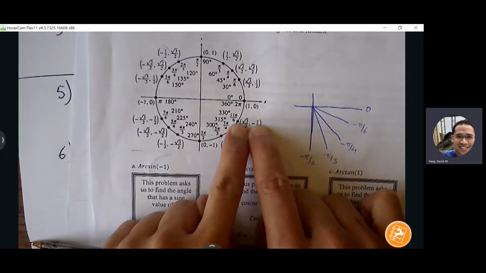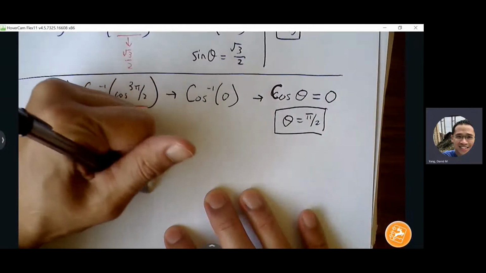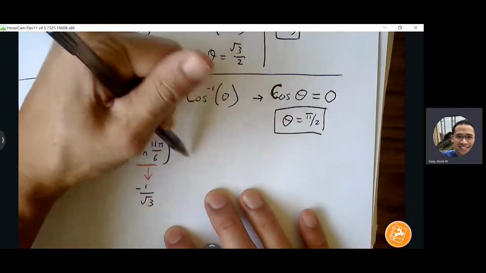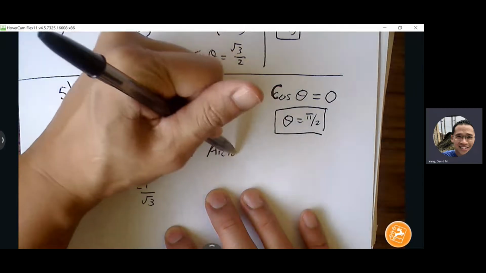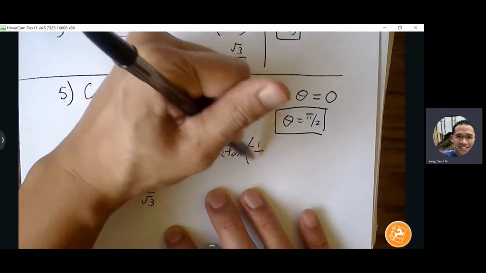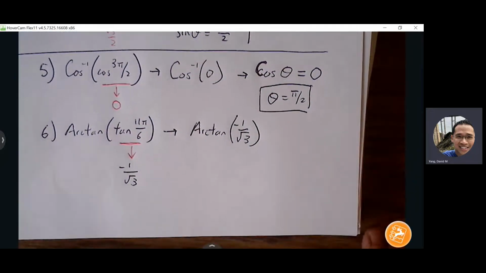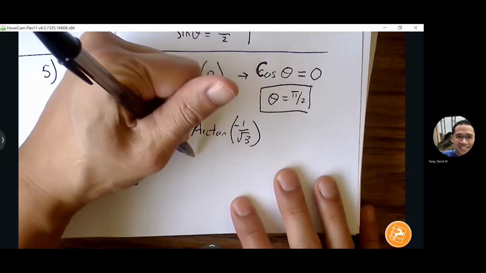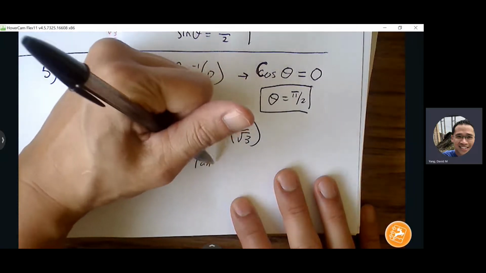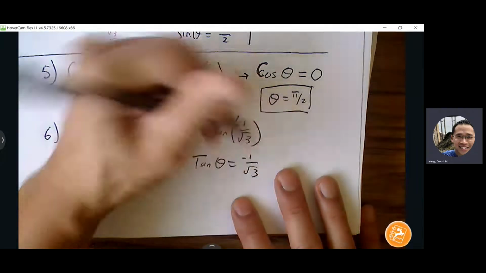Negative 1 over root 3, right? Okay. So let's rewrite this. Arc tangent of negative 1 over root 3. In other words, when is tangent of theta equal to negative 1 over root 3?